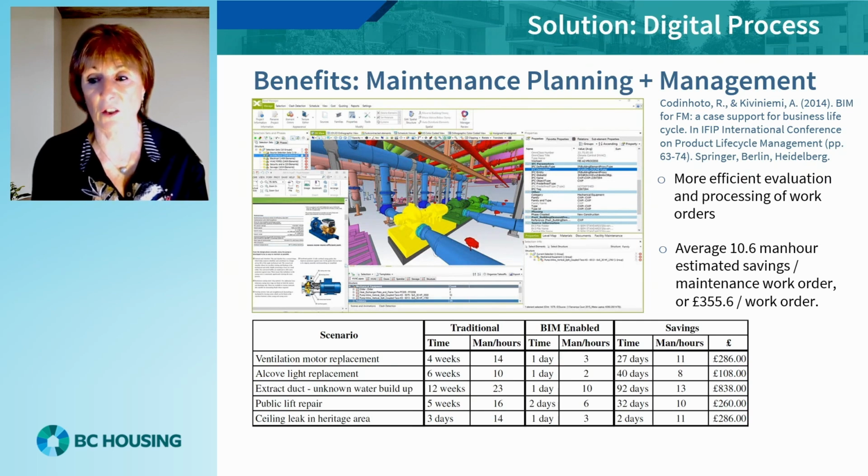Select the asset of interest and all required information is there at your fingertips. This leads to more efficient evaluation and processing of work orders. In this example, a saving of 10.6 man-hours per maintenance work order. In addition, the location of the asset is easily identified within the 3D space of the facility.